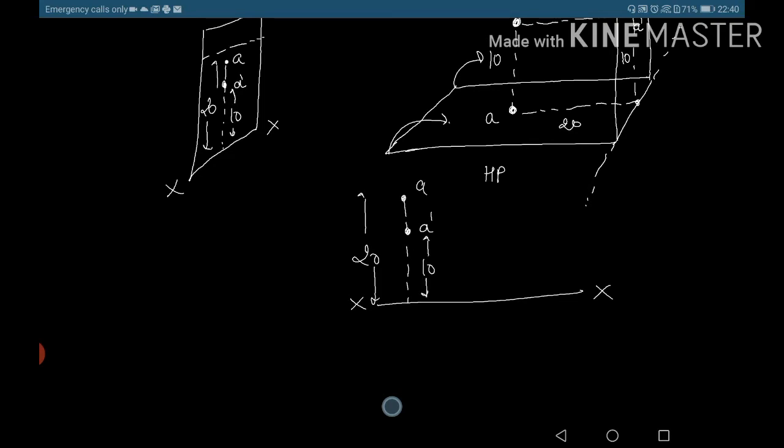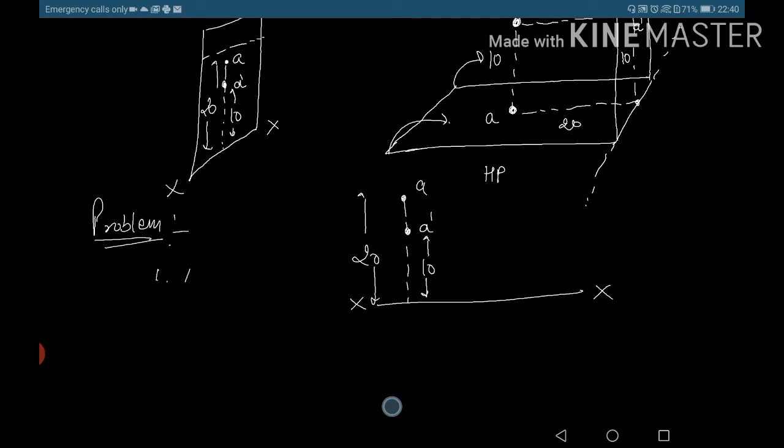Now, the problem with this is that the two views or the two planes are on the same side. What is the problem related to projection in the second quadrant?